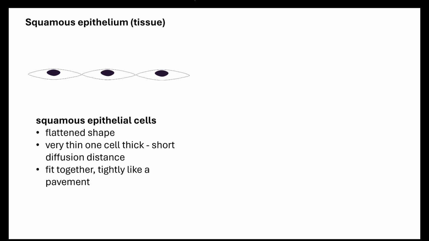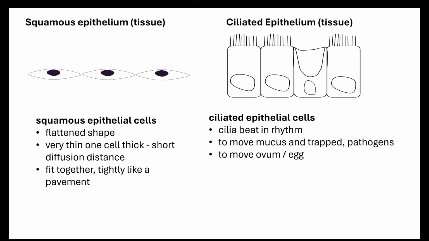They can form this really tightly fitted pavement, and that therefore means that only when there's high enough pressure can things be pushed through the gaps between the cells, the fenestrations. So when you're looking at the tissue fluid formation video, that comes into play. And when we're looking at the exchange surfaces, when we talk about the diffusion of oxygen and carbon dioxide, it's that very thin, one cell thick, short diffusion distance.